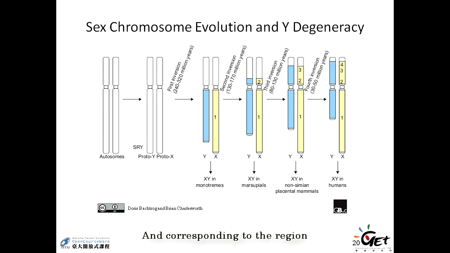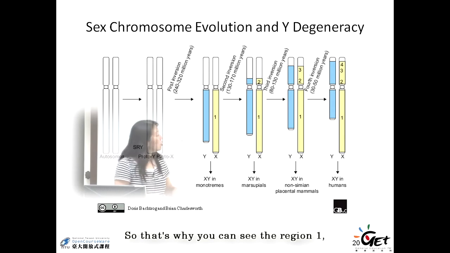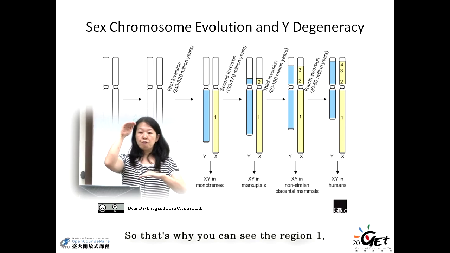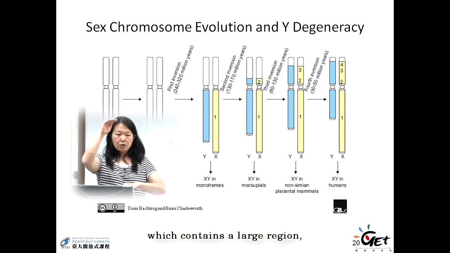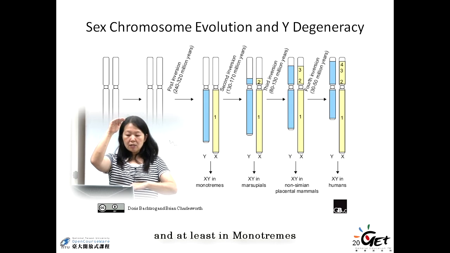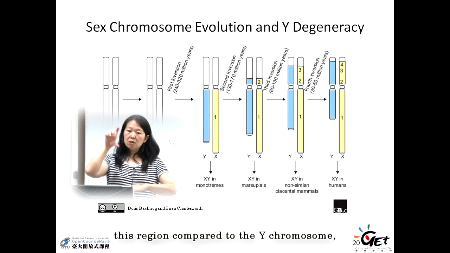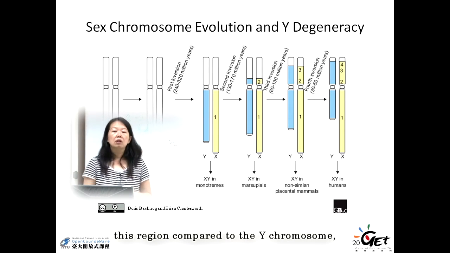On the X chromosome, there are different regions named 1, 2, and 3, corresponding to regions on the Y chromosome in blue, which indicate where recombination was suppressed. In the first region, region 1, which is a large region, at least in monotremes, it is largely diverged from the Y chromosome.